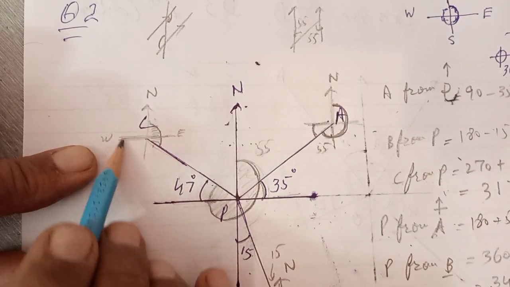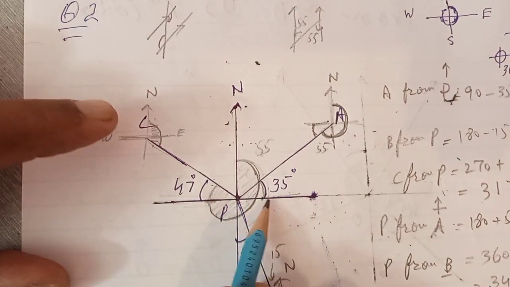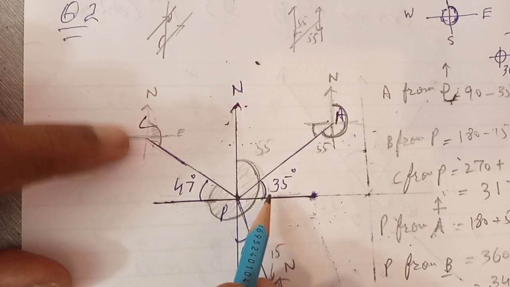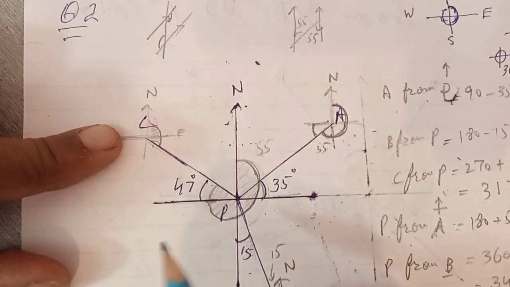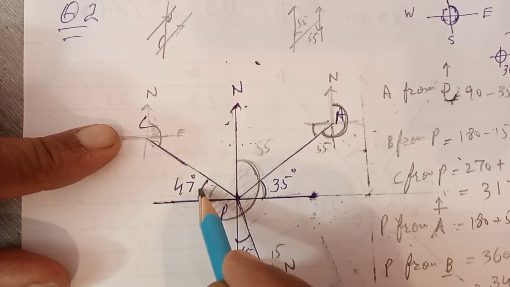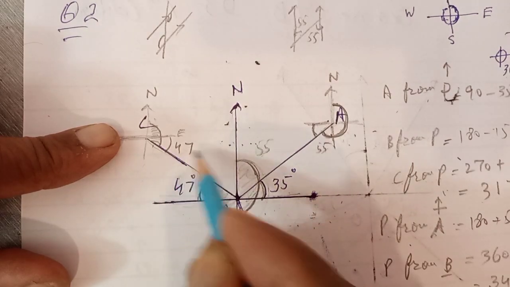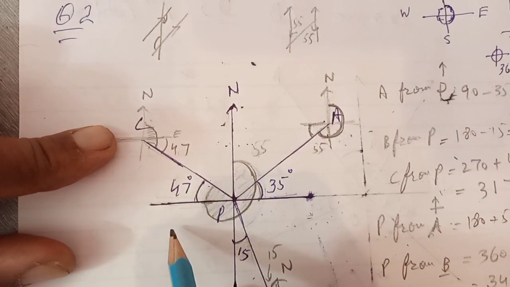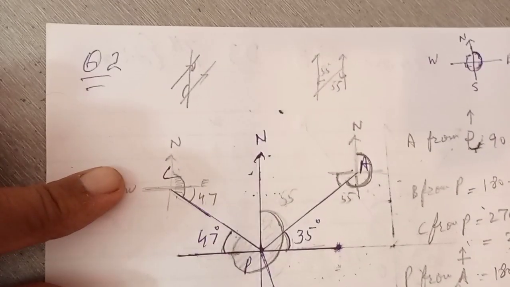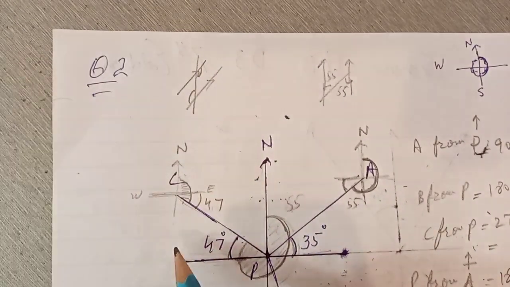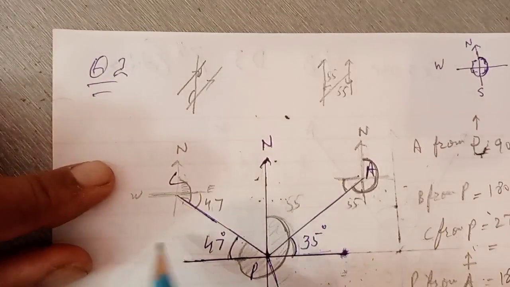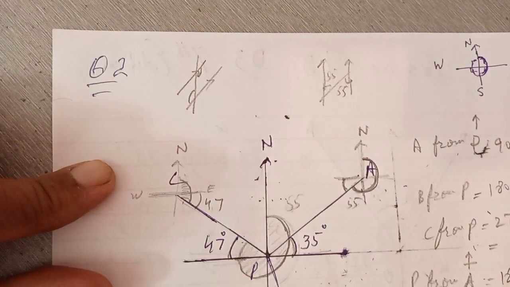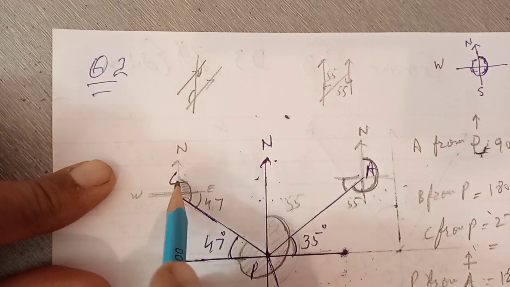So this east-west direction, this is also an east-west direction. So these two horizontal lines are parallel. Now, what is this? 47. This is also 47. These are alternate angles. So you have got it now. You will get the answer of this part of the question, which is bearing of P from C.